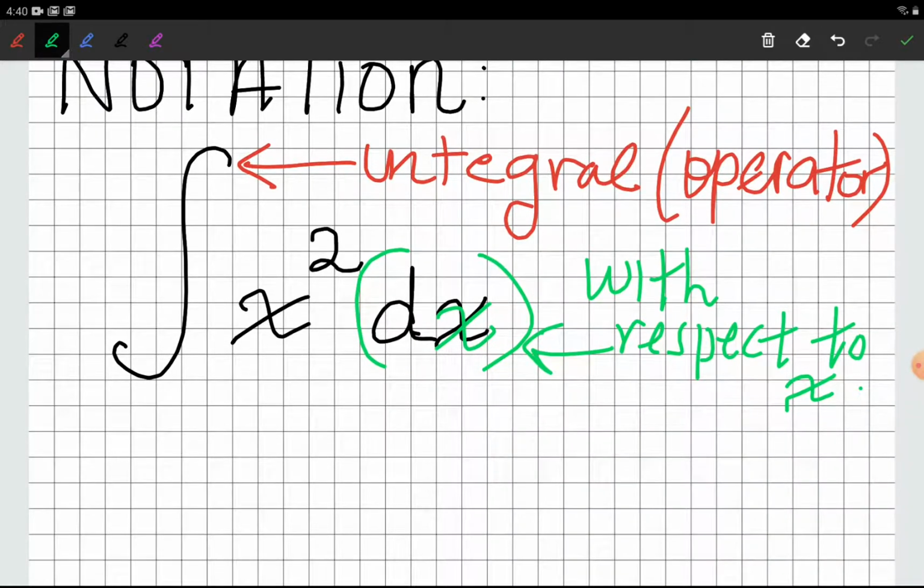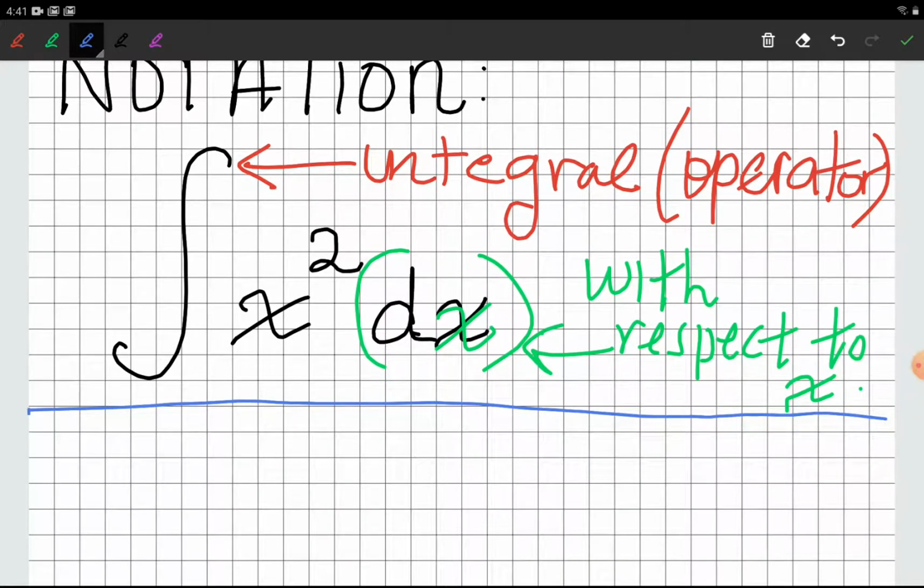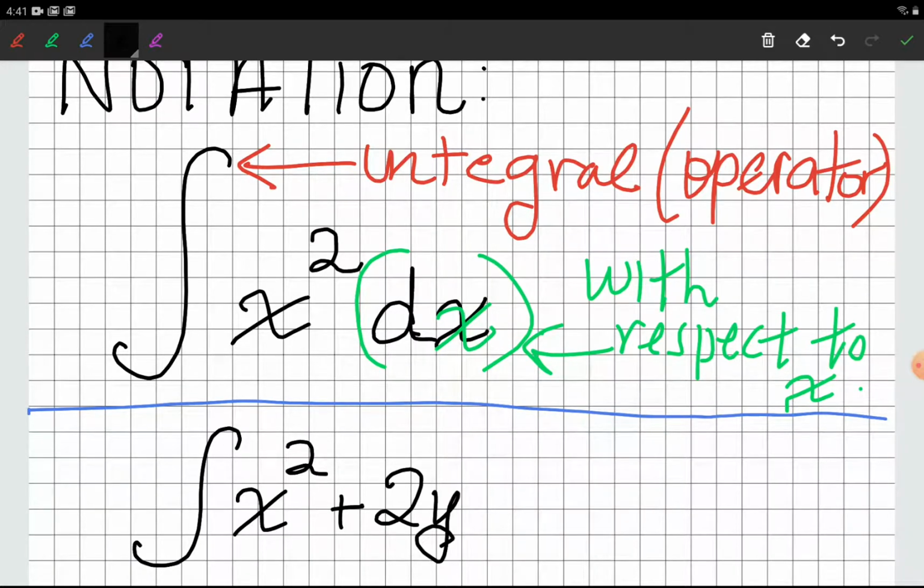Let me give you another example, like a counter example, just to show you why it is relevant. Say I have a function, and it looks like this: x squared plus 2y, and it tells me to find the antiderivative or to find the integral. At this point, there are two variables in this problem, there's x and there's y. dx, this d and then whatever, it tells me what to care about, right?